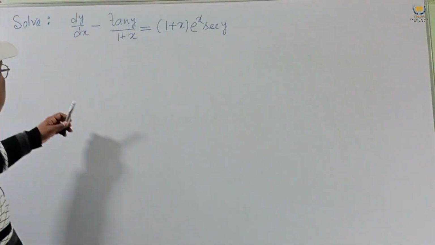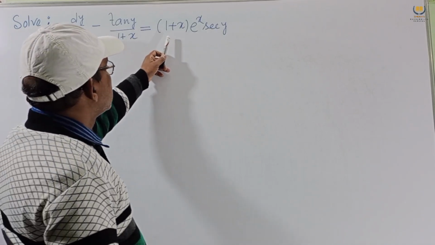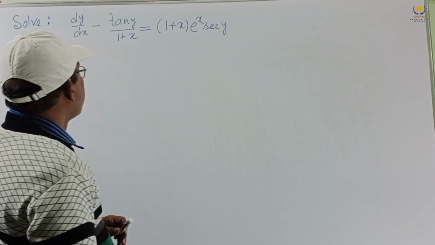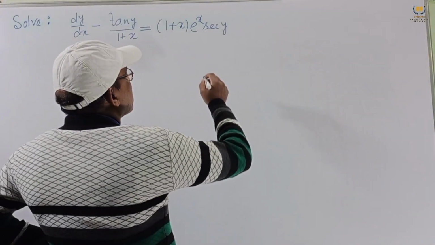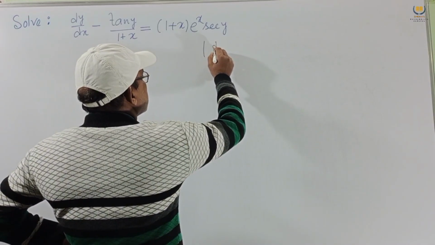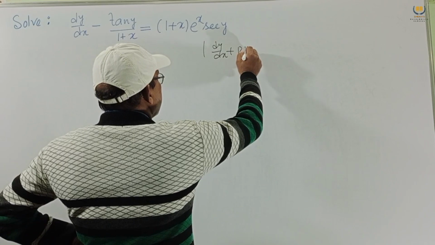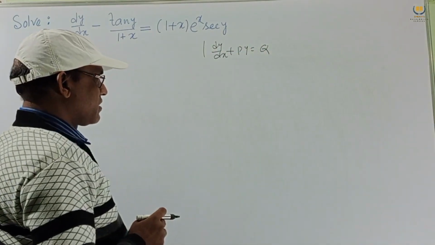Another problem: dy/dx minus tan y by (1 plus x) equals (1 plus x) e to the power x sec y. So this is the problem. Again, I recall the linear differential equation dy/dx plus py equals q, where p and q are functions of x only or constants.